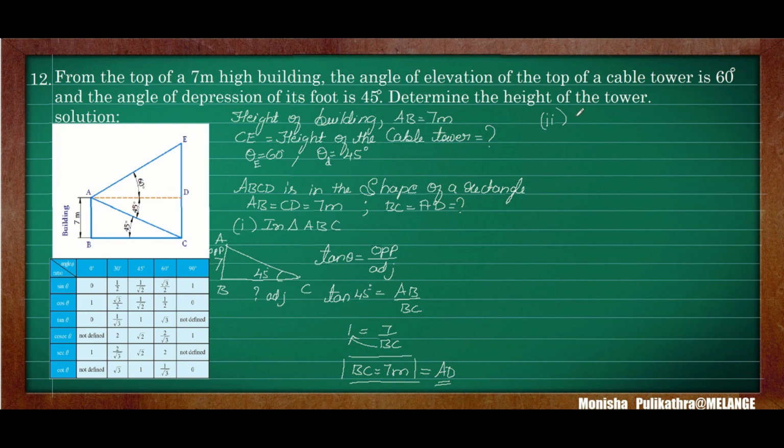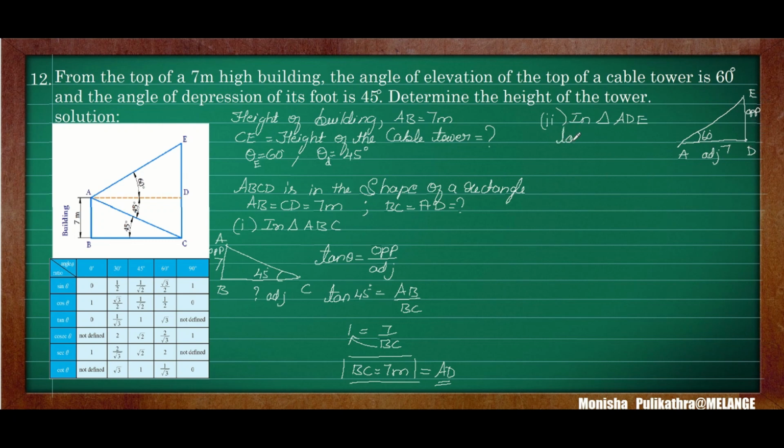So in triangle ADE, A, D and E. Here it is 60 degree and the side opposite to that will be opposite side and this is adjacent side. We know that AD and BC are equal, therefore AD is equal to 7. We need to know the value for DE.